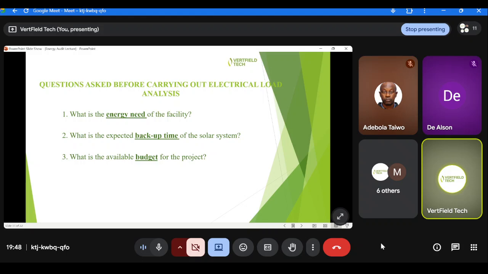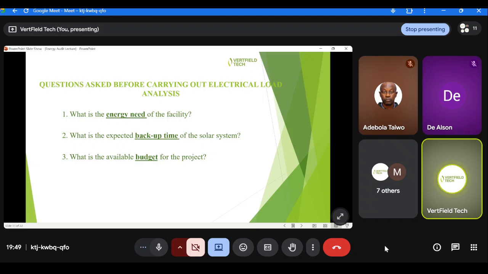There are two principal questions, and one as a bonus question, altogether making three questions. You are to ask the energy need of the facility. You are to know the backup time of the facility. You are also to find out the budget of the facility. Now, let's take our time to break it down a little bit.